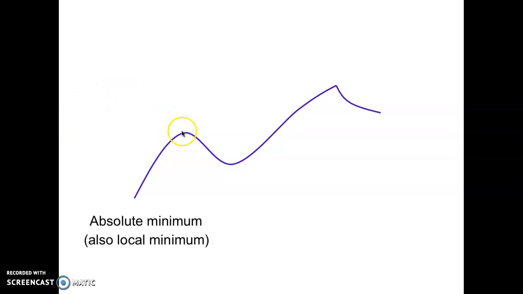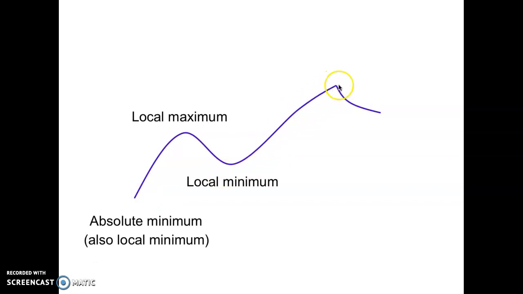If I look at this point on the curve, I notice it is higher than the points around it, but it is not the highest point, as this point is. So this one we would say is a local maximum. This point on the curve, we could say, is lower than the points in its neighborhood or lower than the points around it. So we would call it a local minimum, but it is not the absolute minimum because it's not the lowest output value that the curve attains.